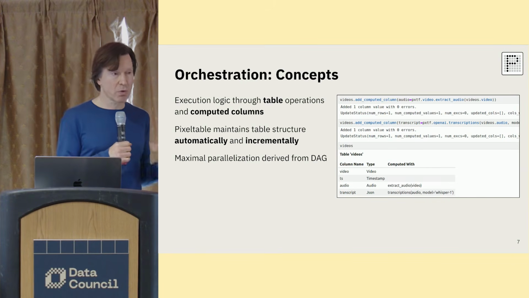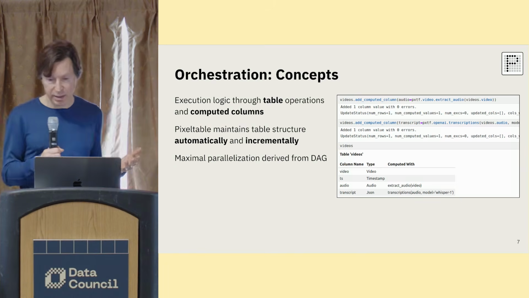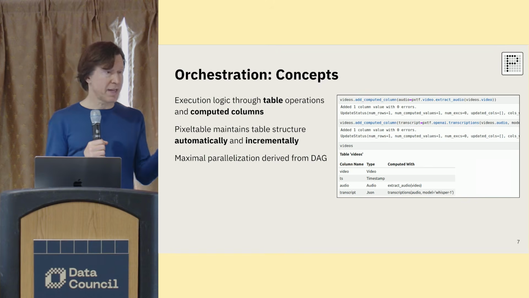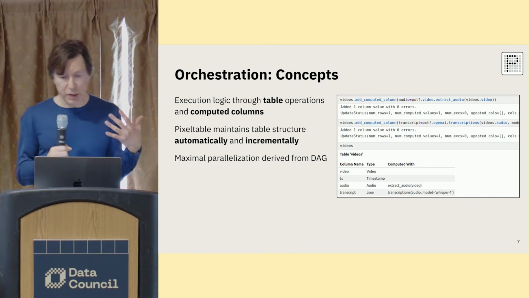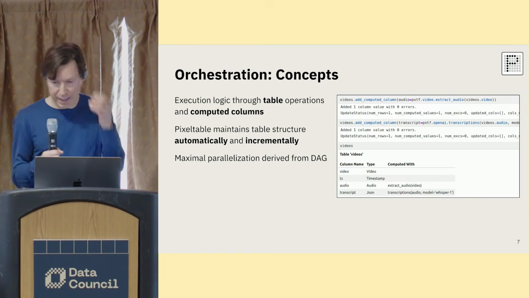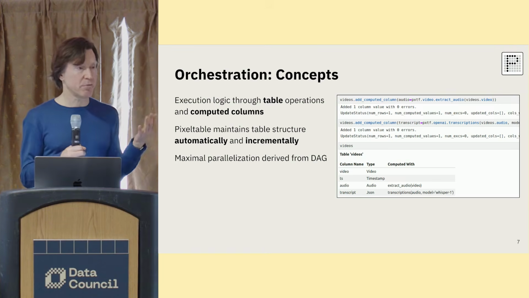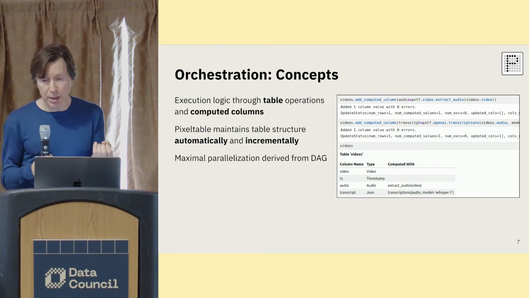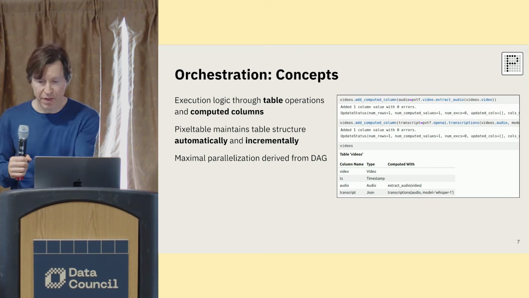So if you add more rows to the videos table, it will run through that DAG and do the audio extraction, and then invoke the transcriptions endpoint. And because it understands the DAG, if you insert a number of rows, it can actually parallelize it, right? So it understands that you can run multiple rows in parallel automatically. If you had multiple, let's say, transformations of the audio column, right?